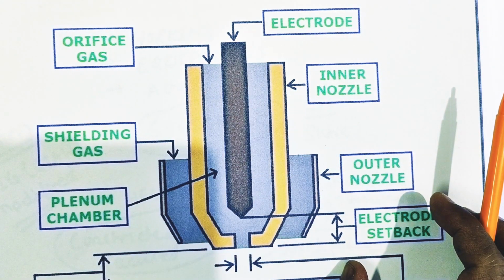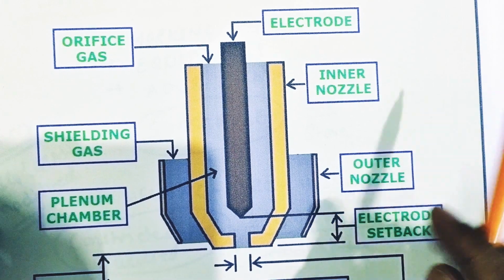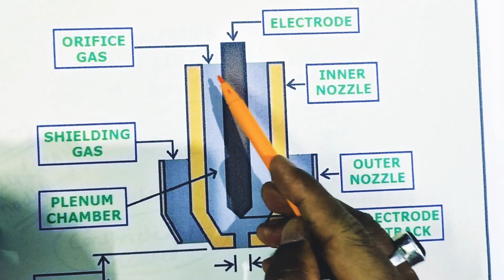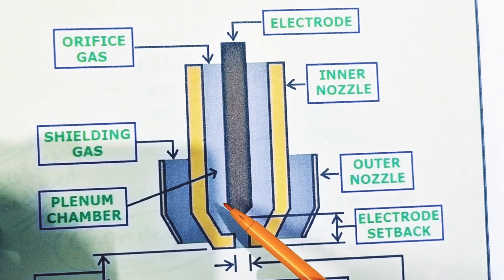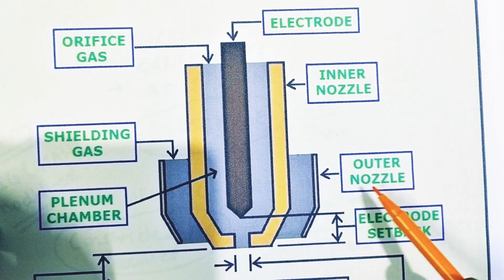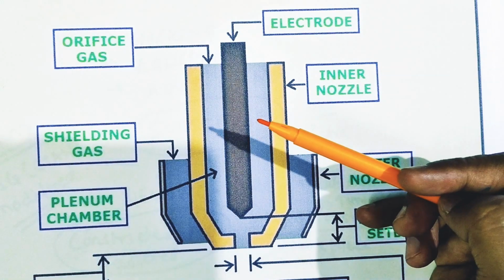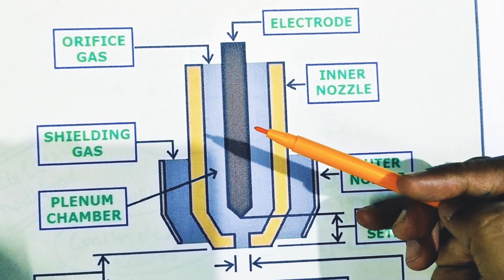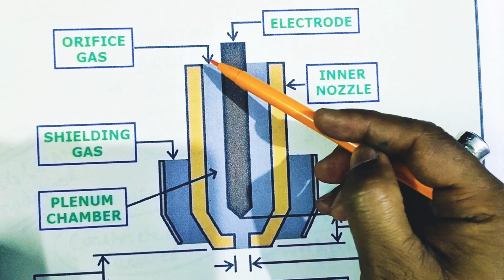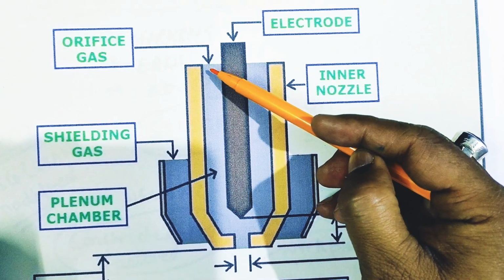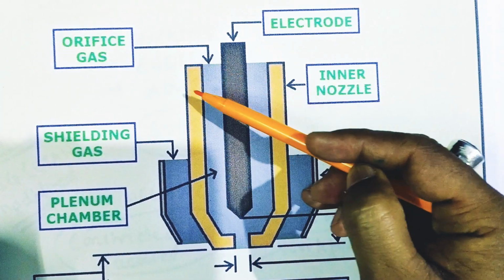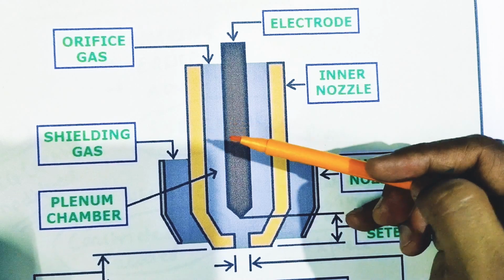The inner nozzle contains the orifice gas, and the outer nozzle contains the shielding gas. Friends, what happens? A neutral or inactive gas is used as the orifice gas.